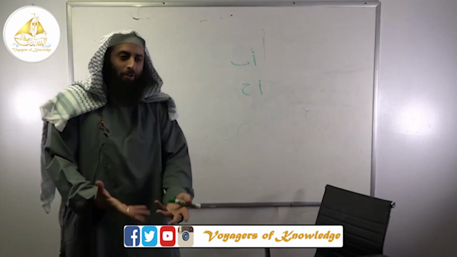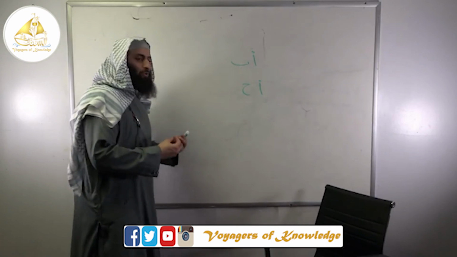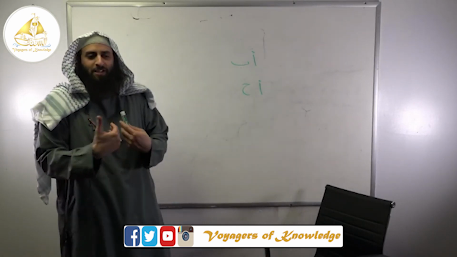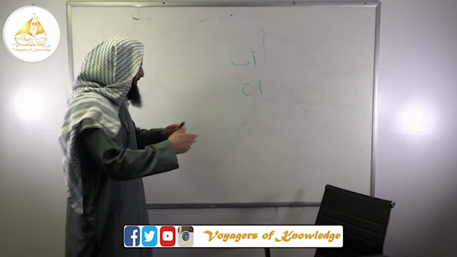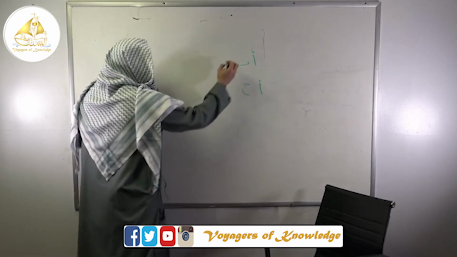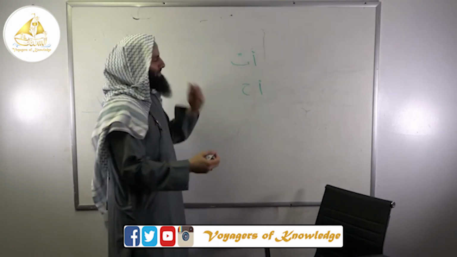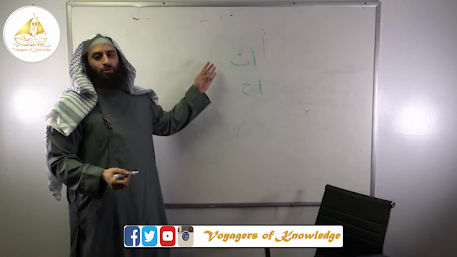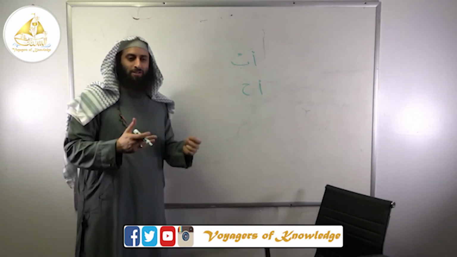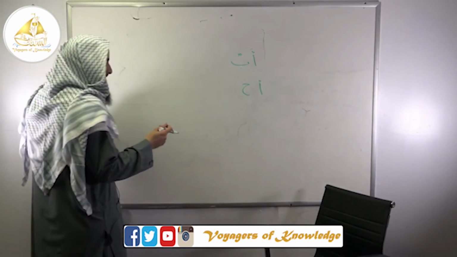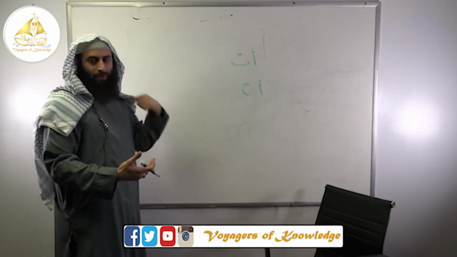The 5 names are called 5 names because they do something special. Like when something is marfu' in a regular name, what does it end with? It ends with a dhammatain, right? These words are special in the sense that when they become marfu' and they are mudaf.